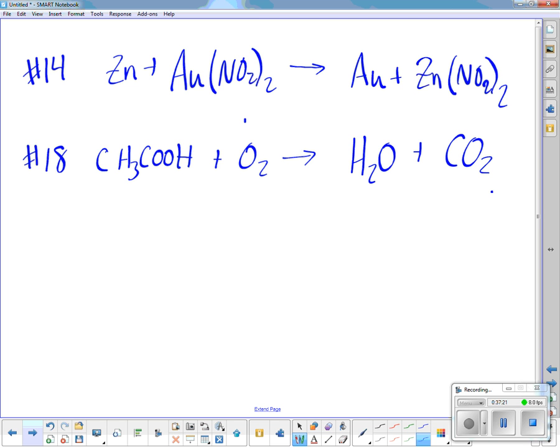Okay, the hardest part on this one is balancing it. Combustion, if it has a carbon compound, yes, it will go to H2O and CO2. If it has a nitrogen compound, it will go to H2O and nitrous oxide. If it has a sulfur compound, it will go to H2O and sulfur dioxide. So it can do other oxides, but it has to be an oxide.